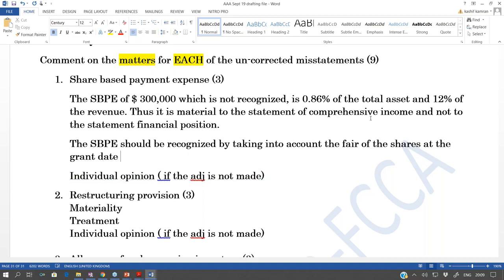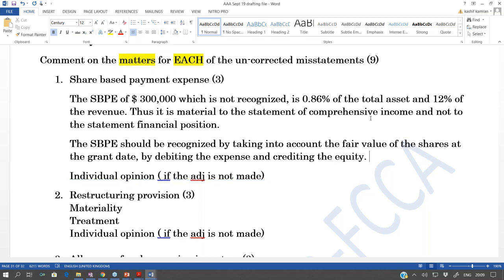The share-based payment expense should be recognized by taking into account the fair value of the shares at the grant date, by debiting the expense and crediting the equity. Is that true?